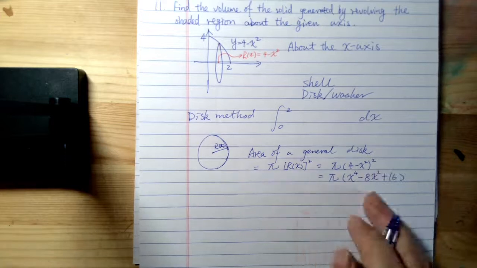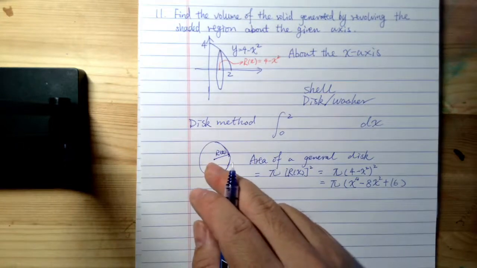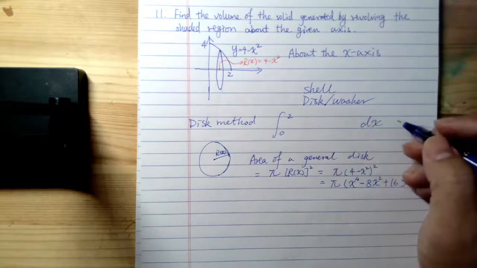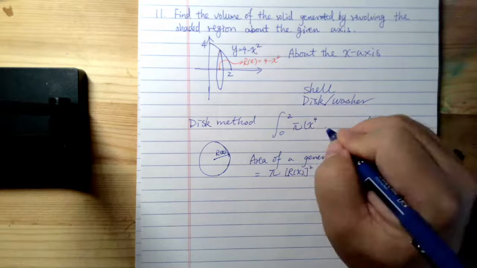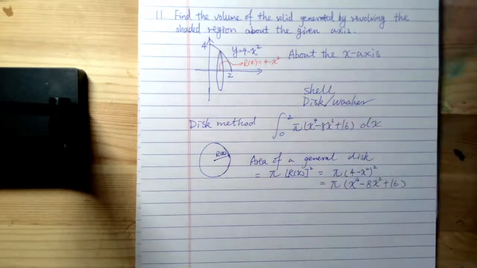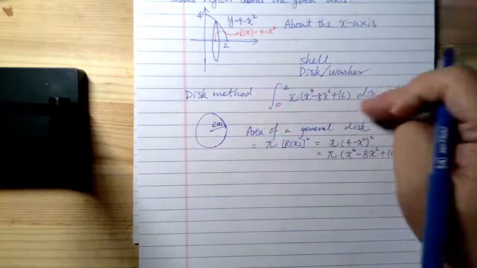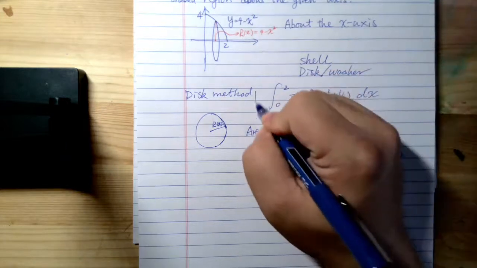So this is the general area function for this disk. Once we have that, we can put it into our integral, which is pi times x to the power of 4 minus 8x squared plus 16. So the setup for this volume is done.